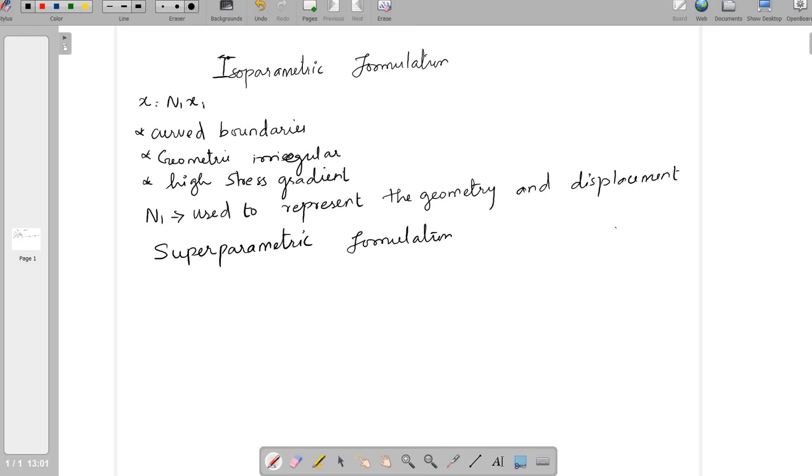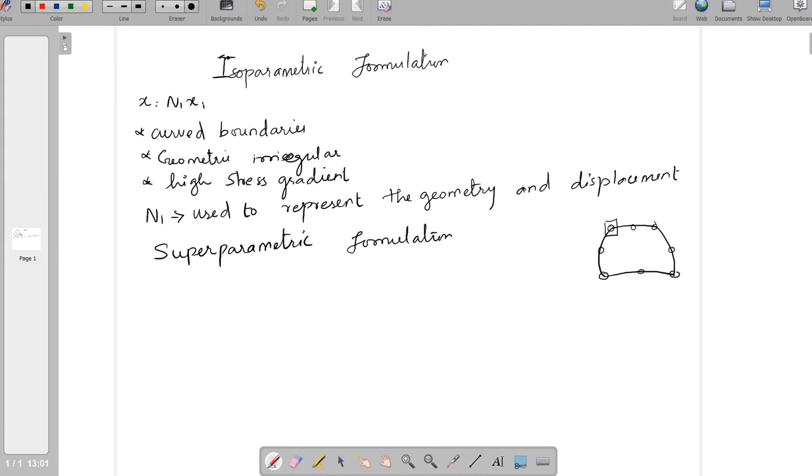So if you take this type of boundary, initially these nodes are used to represent the geometry and another 4 nodes are representing the displacement.